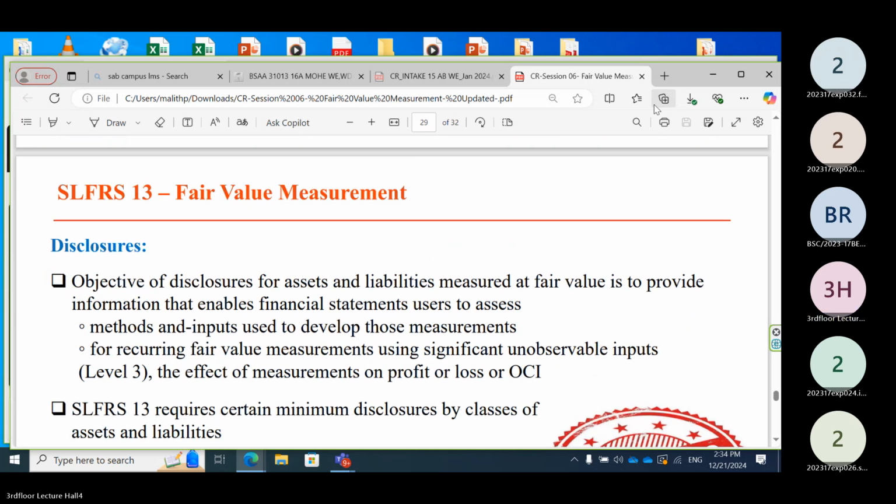The standard and the basic definitions, and basically the fair value definition.